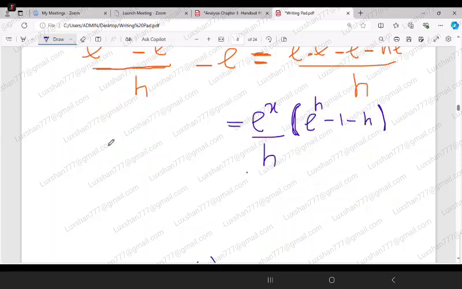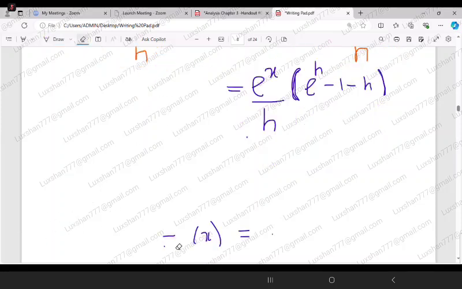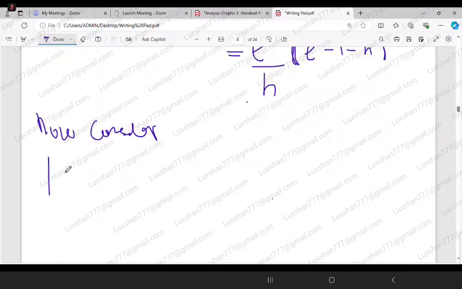Now I'm considering the modulus of this one, because I want that modulus, as I just told you. Now consider mod of (e to the power x plus h minus e to the power x) over h minus e to the power x.